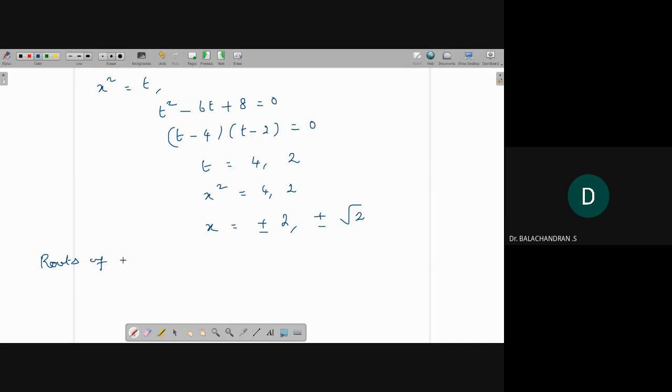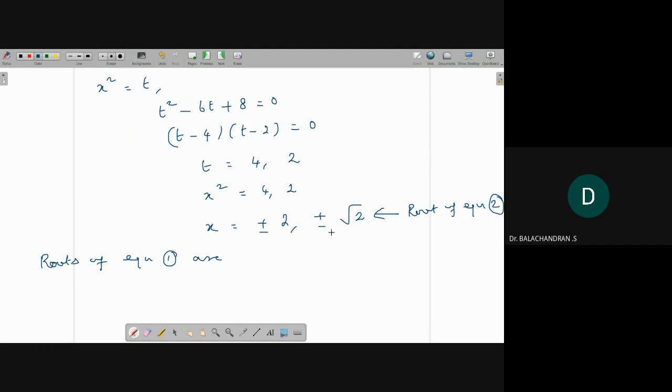Okay, equation 1. So this is actually what the roots of equation 2 are. What are the roots of equation 1?